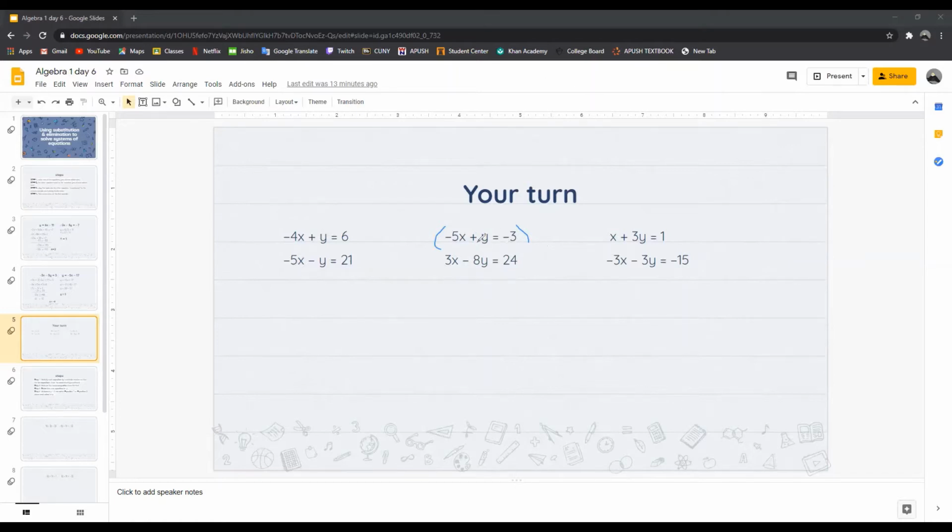We're going to turn this one so y is alone, and we would do that by transposing your negative 5x to the other side. So it would turn into a positive 5x, which would look like this.